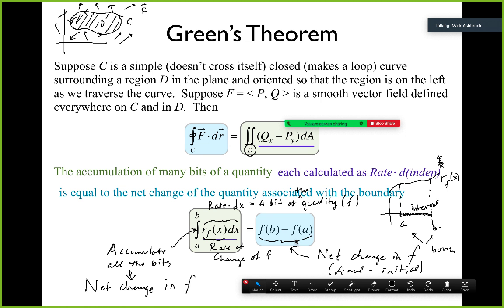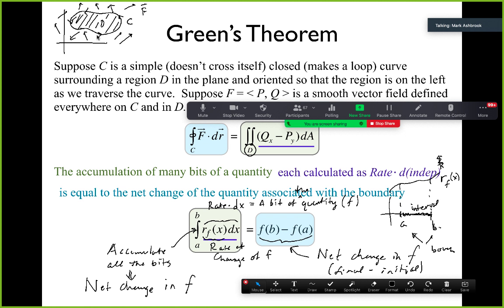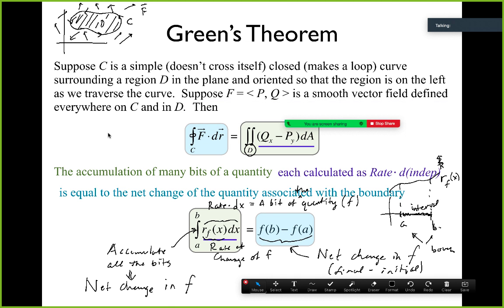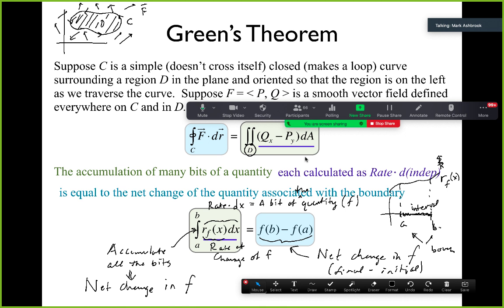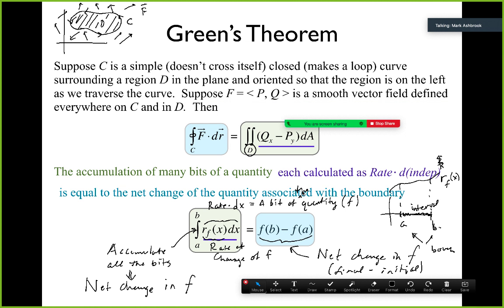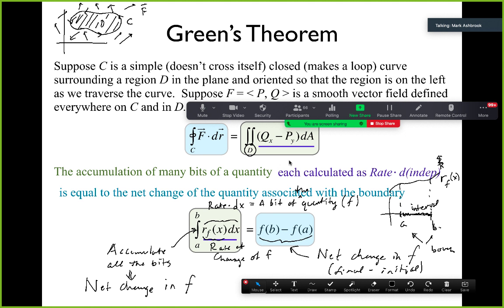So you have the net change from just looking at B and A. And then here, the boundary is the circulation integral, which is the boundary of D. Okay, so the moral of the story is Green's theorem is totally analogous to the fundamental theorem, like stepped up one degree of integral. There's all this parallelism, so it's a version of the fundamental theorem.